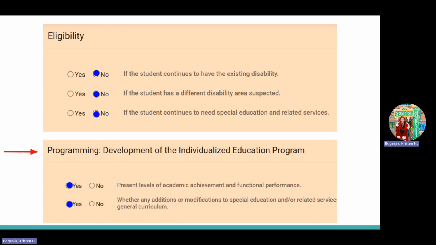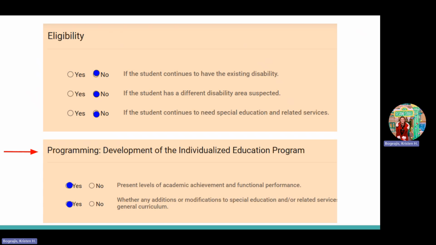In that circumstance, you would say yes to creating present levels of academic achievement and functional performance. The idea is that when you're done with this FBA, you're going to have a lot of formal data that is going to help you create present levels, goals, and objectives for your student when it pertains to behavior.